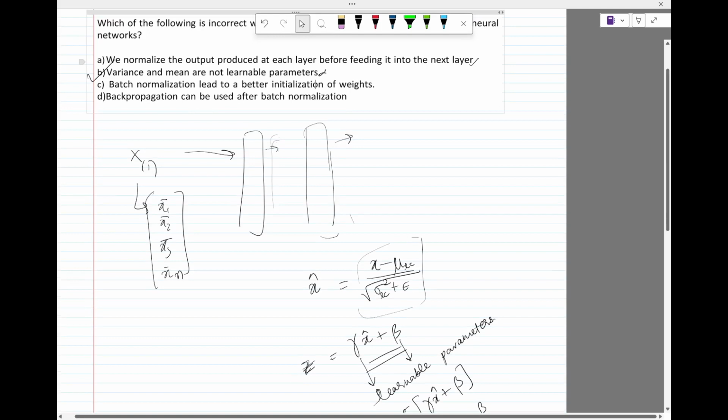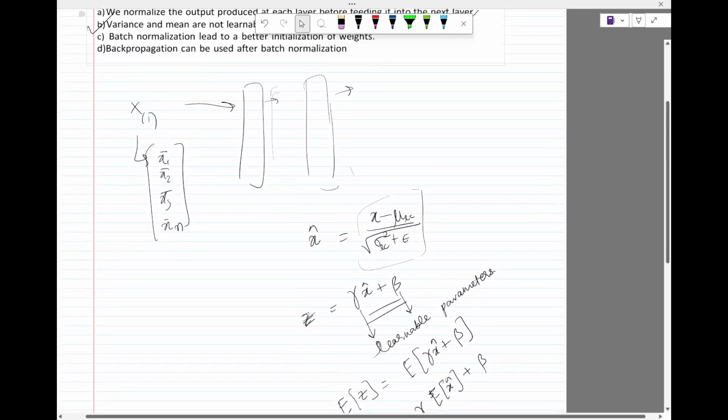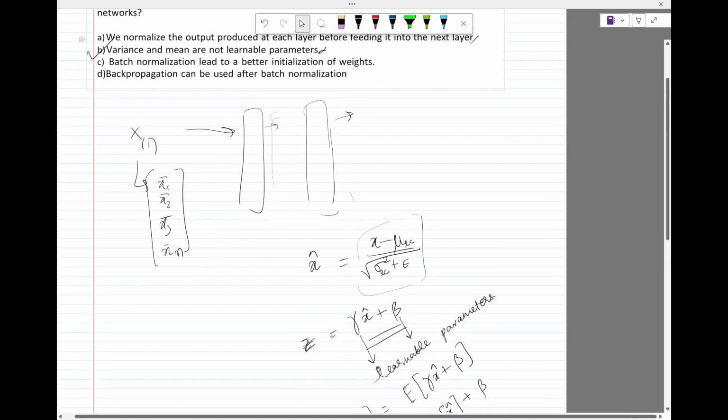Since you are normalizing your data and you are trying to ensure that your training data is always in a certain range of distribution, your weight initialization works better.